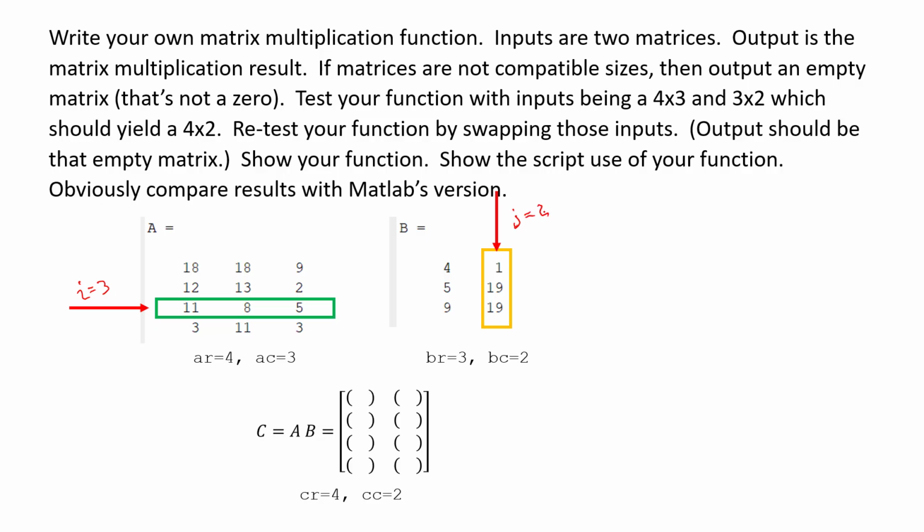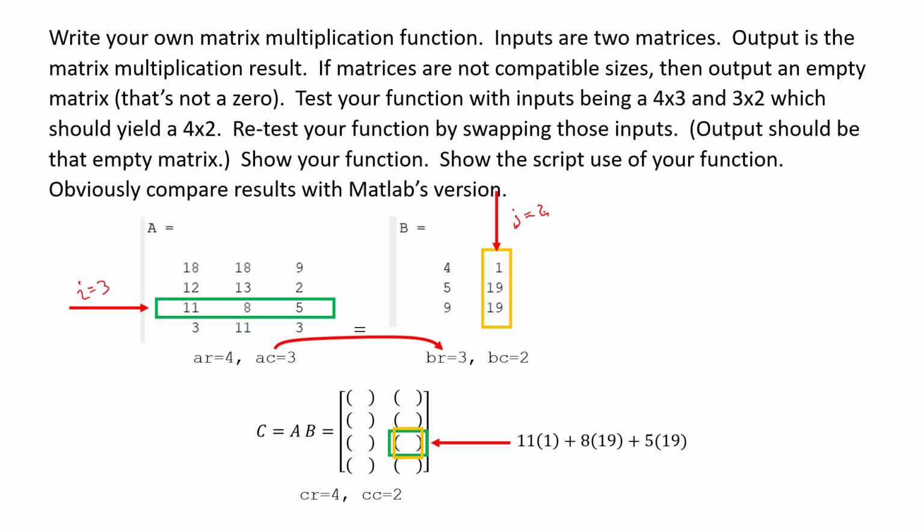So I'm thinking about, what if my row counter happened to be 3 and my column counter happened to be 2? Well, then I'd be looking at this particular location, the third row, second column of the output, and it's going to be a dot product of the row of A and the column of B, and that result, I think, is 258, just so happens, for this combination of numbers.